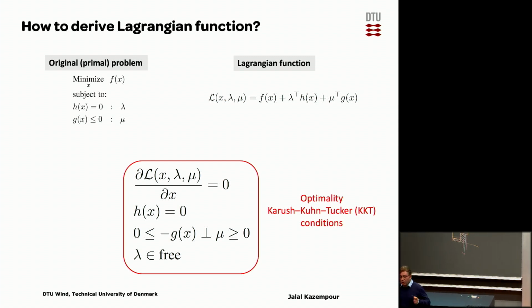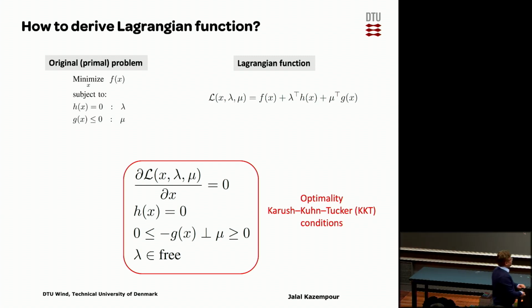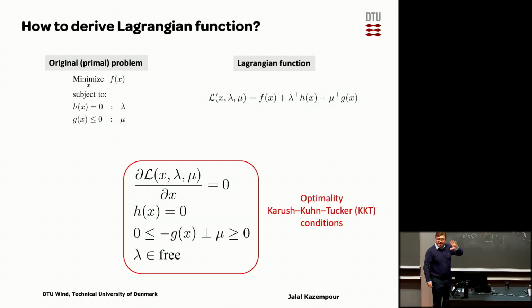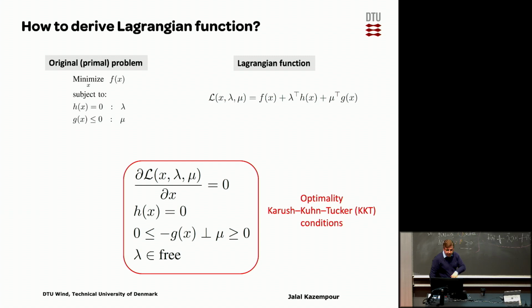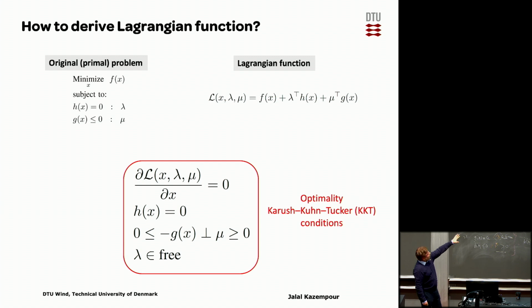They are optimality conditions. It means that if our original problem is convex and also fulfills some conditions that I'm not going to talk about here, and we solve this system of equations, the solution is the solution of the optimization problem. Is it clear?